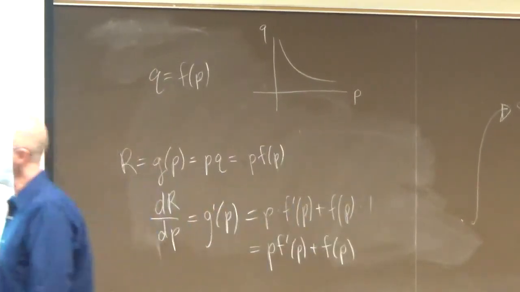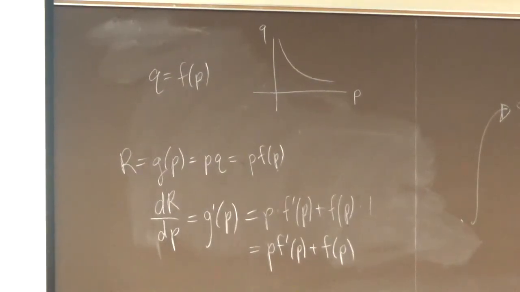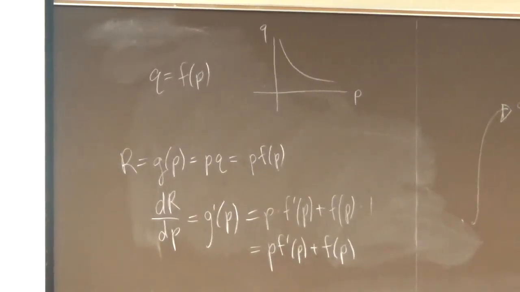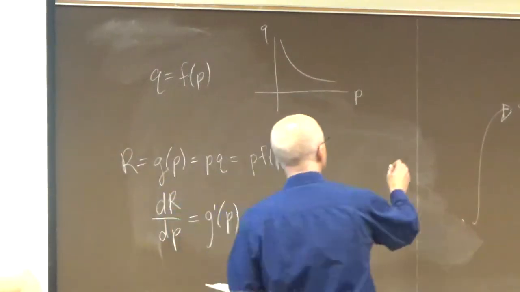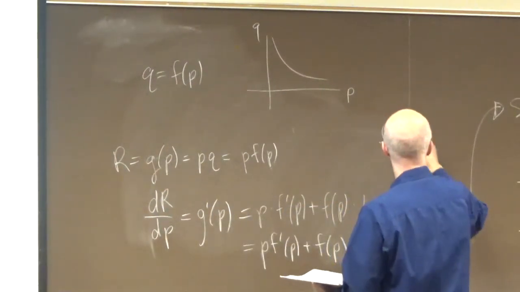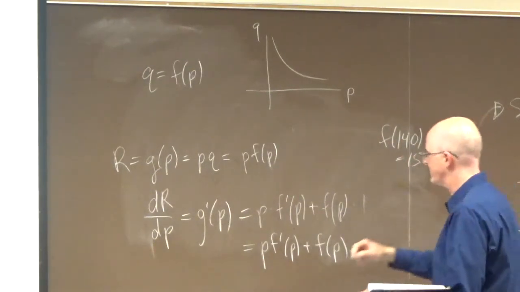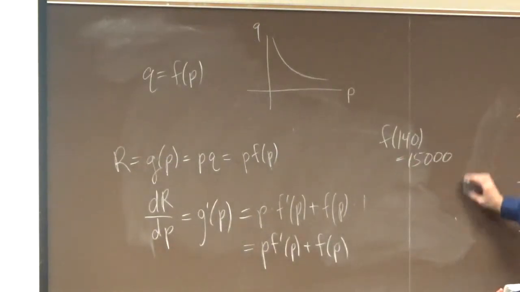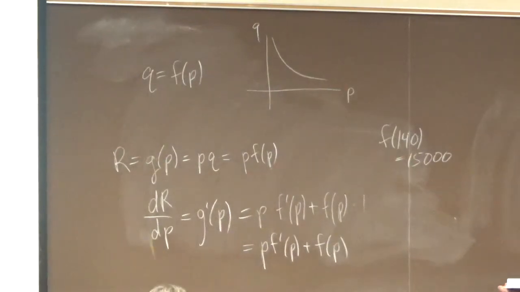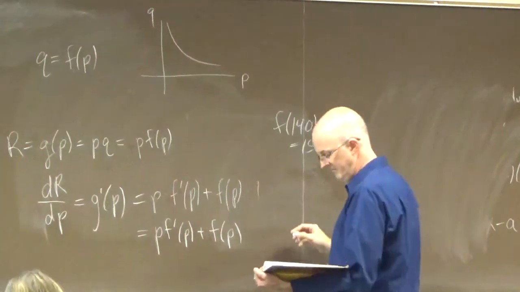You're told in the problem that f of 140 is 15,000. In other words, when your price is $140 per skateboard, you're going to sell 15,000 of them. Of course, this is over a certain period of time, but we don't need to worry about that. Maybe a month or something.